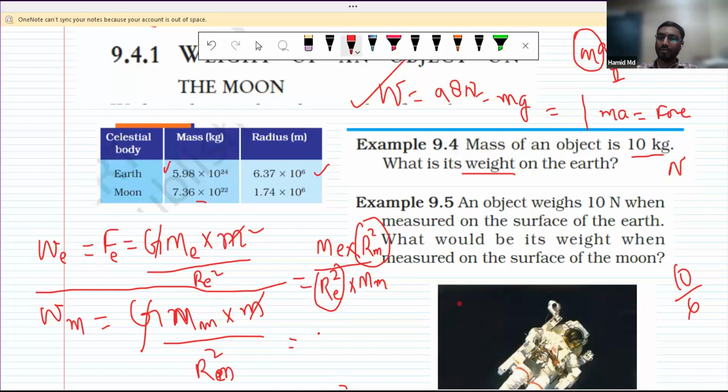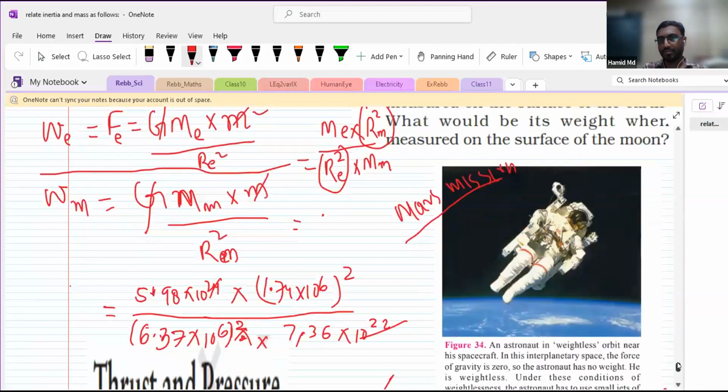Mars is always in the news because you might have heard that a lot of countries are doing their Mars missions.